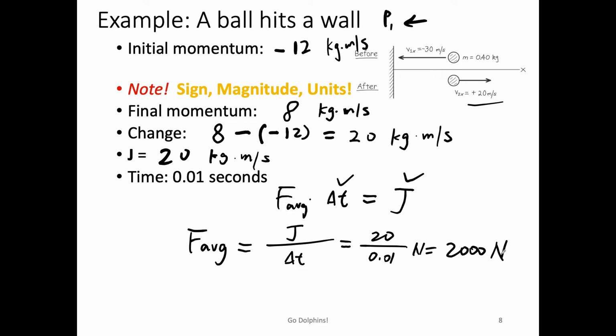So the change of momentum is 20 kilogram meter per second. But because the time of contact of the ball on the wall is small, only 0.01 second, the average force acting on the ball is large.